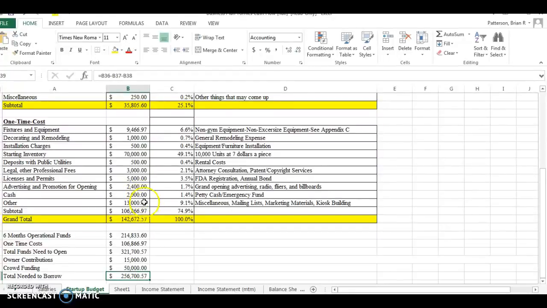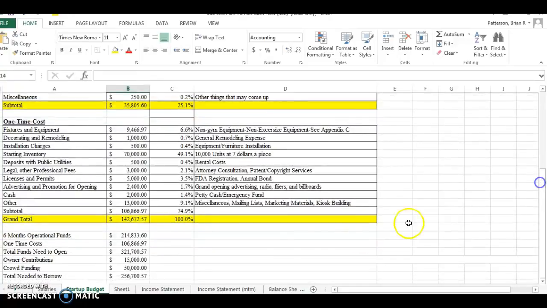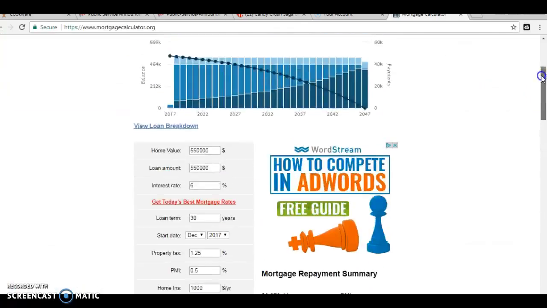It's not done yet, because we also have to go back and plug in how much we need to pay off our bills every month. So right here, loan repayment. We just have to figure out about $256,000. The formula is cyclical, so don't worry about it.